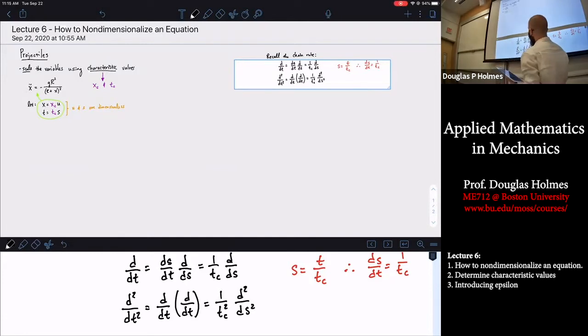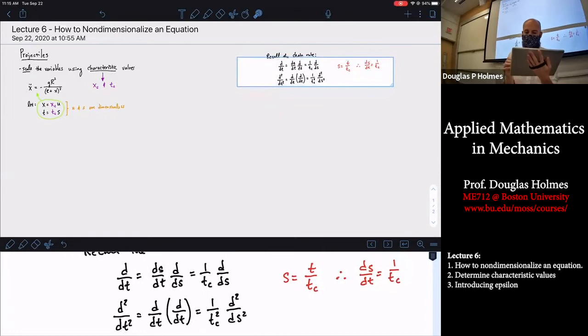I'm being clear here, and I think this is a healthy way to think about these objects going forward. I'm treating this as an operator. Here and here, this is an operator. This thing is saying I need to operate on a variable, and I'm going to take a second derivative of my variable.